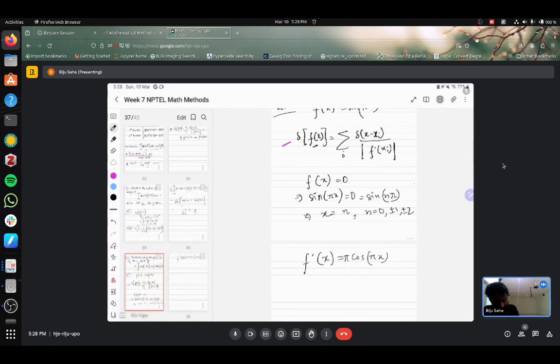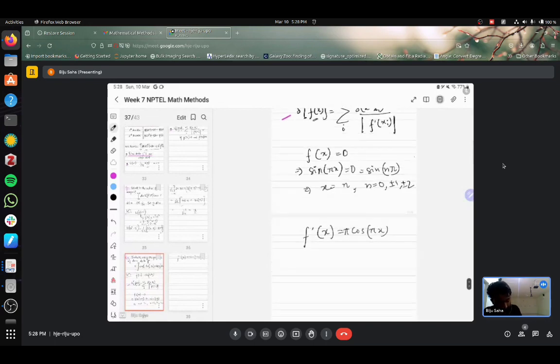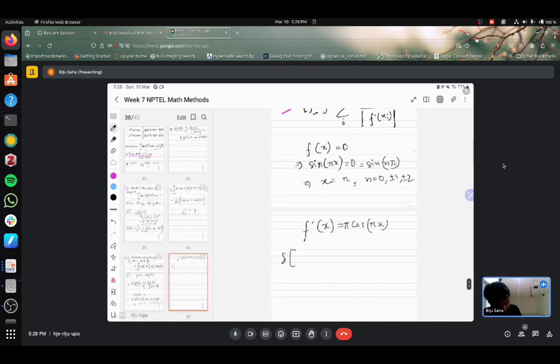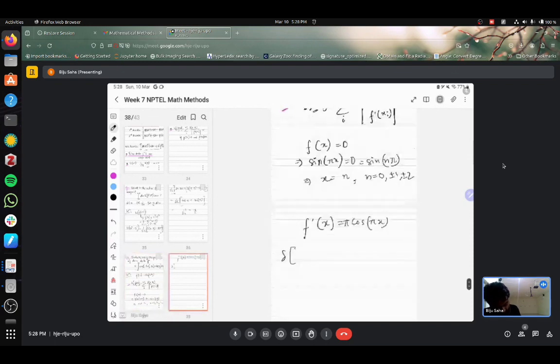So with all this prescription, what you have is delta of sin(πx) equal to summation over all xi. So your xi is these values of n, so 0, ±1, ±2.